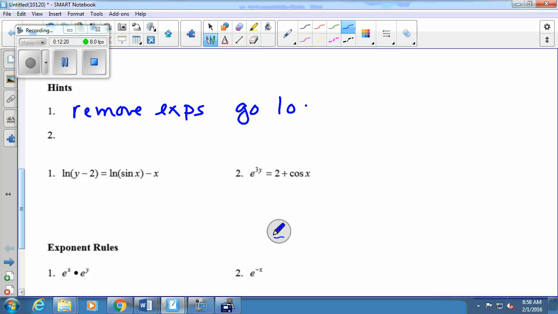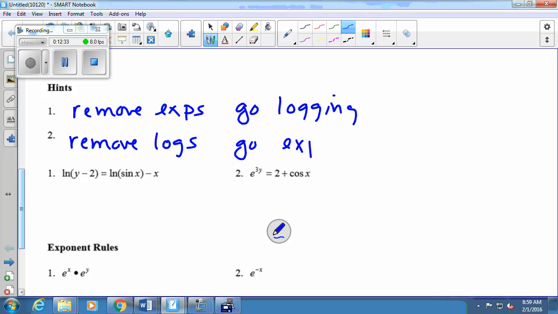Go logging. And what's the other thing I might want to remove? What if I want to remove logs? What do I need to do? Go exponentiating. That's exactly how I say it. I don't know how to spell it, but go exponentiating.